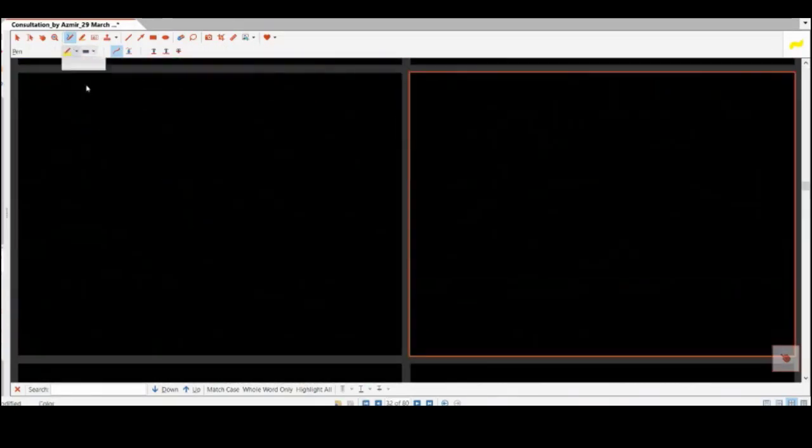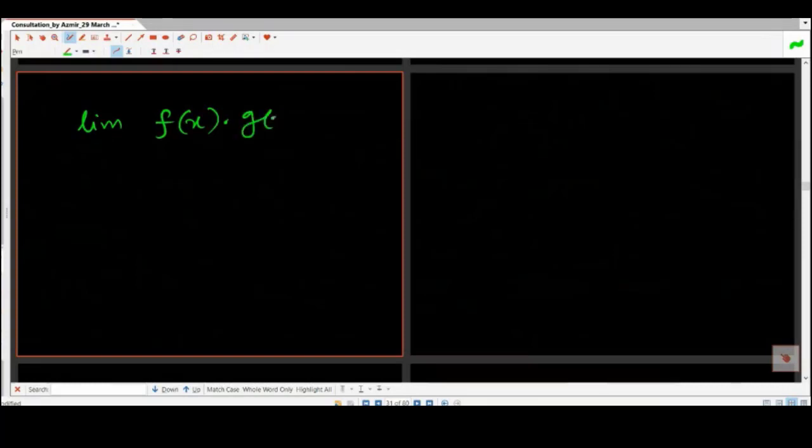So if we have limit f of x times g of x when x approaches a, at first we have to understand the general concept, then we will move to the problem solving part. So this is of type 3, that is 0 times infinity or infinity times 0.